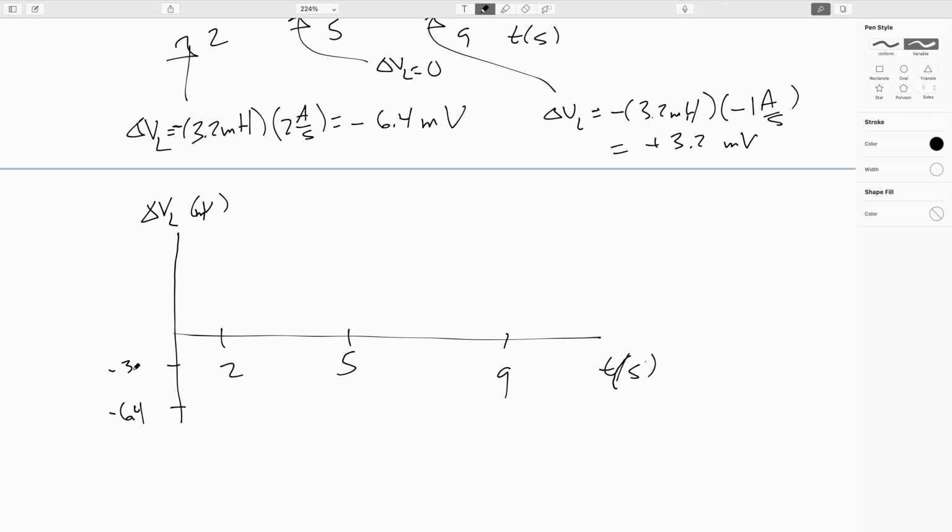We'll say minus 3.2, because I'm lazy, 3.2 plus 6.4 here. So our graph is going to look something like that. Cool.